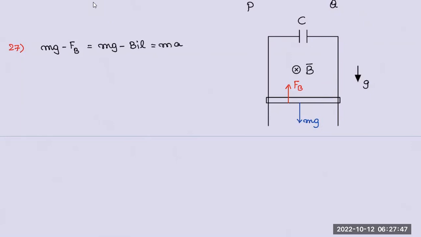Now, what next? Observe carefully that I is required. I is equal to EMF by resistance, and EMF is BLV. So I can substitute there: mg minus B square L square V by R is equal to ma.